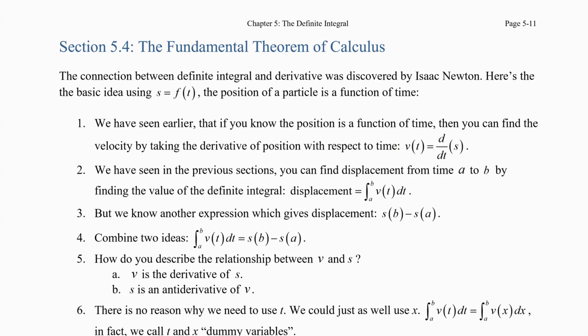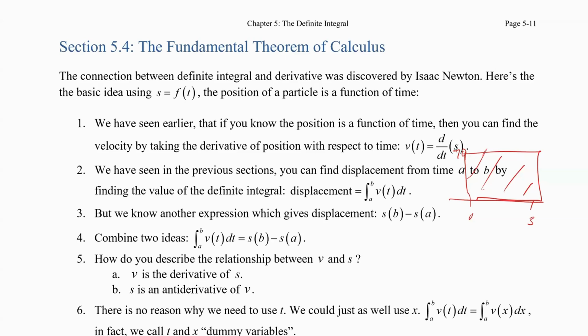Also, we know that we can think of the displacement as the definite integral from a to b of velocity. So, for example, we think of 0 to 3 hours at 70 miles an hour, and that area there is how much we moved over those 3 hours.